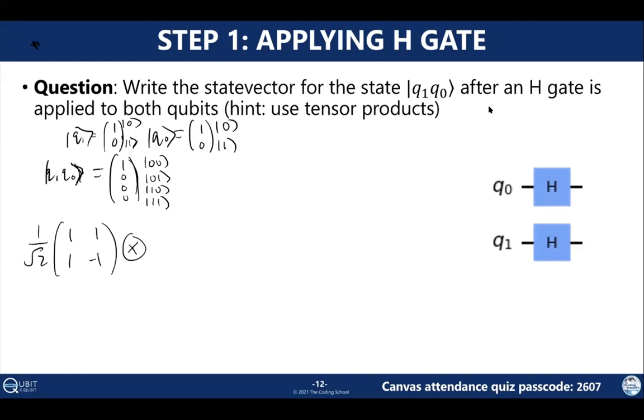We're going to take the tensor product of 1, 1, 1, minus 1, normalized by square root 2. And this tensor product, you multiply first this guy by this whole matrix. I'll just multiply these factors first. This gives you a 1/2 outside.